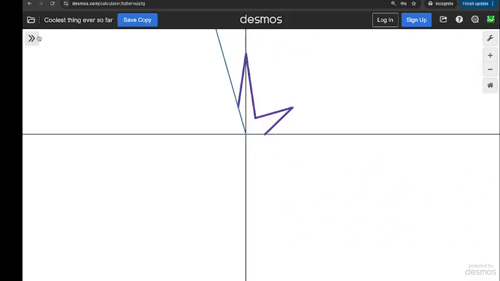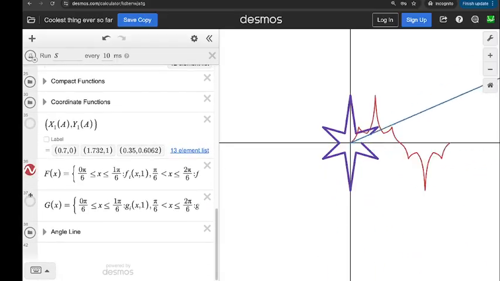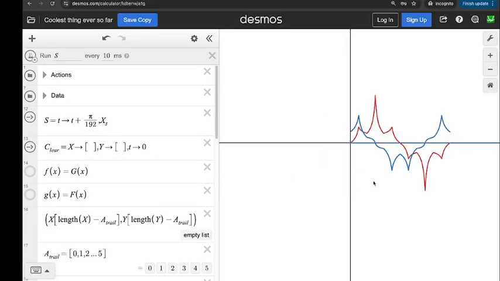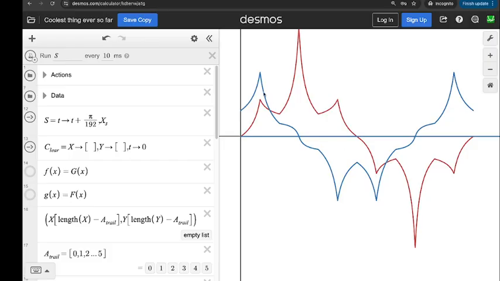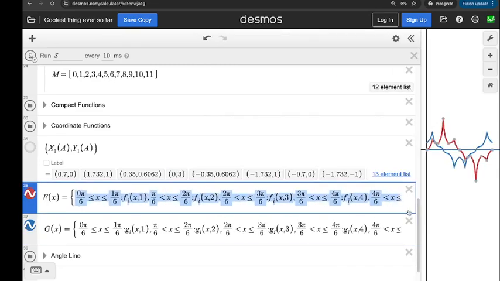Anyway, let me continue talking about this animation I made. I definitely think the coolest part about it is these two graphs. They're just so funky. It was a pain to set them up though. Do you see this?